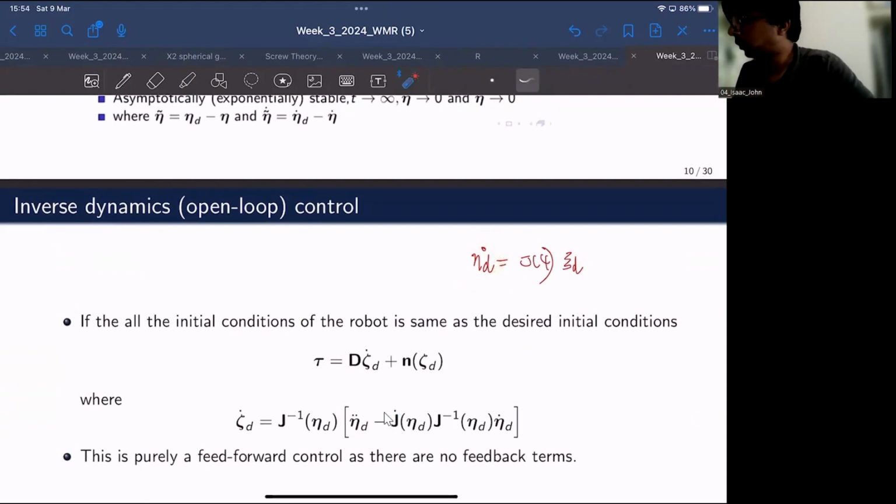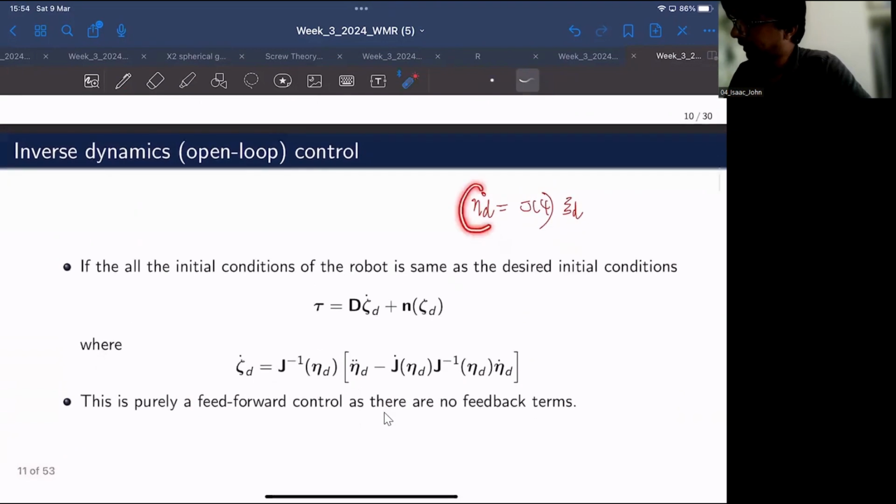It's not very convenient to define with respect to the body frame of reference. So if this is the requirement, and in this inverse dynamics controller you want to find this theta desired dot, how will you make it?